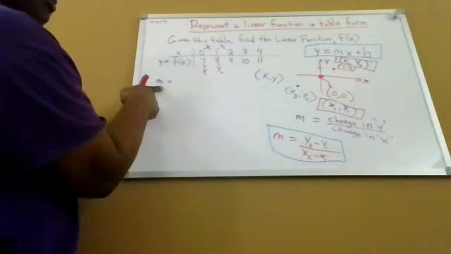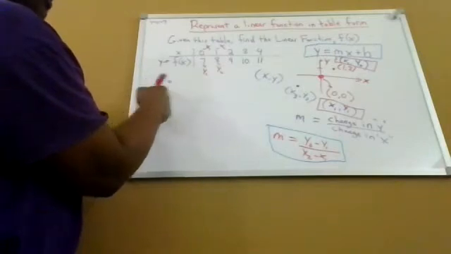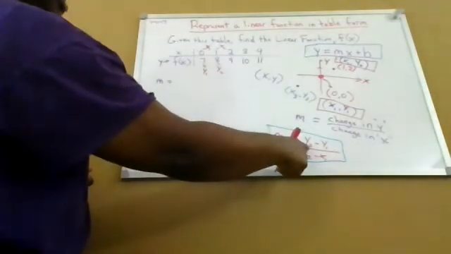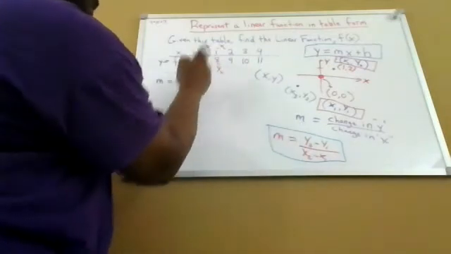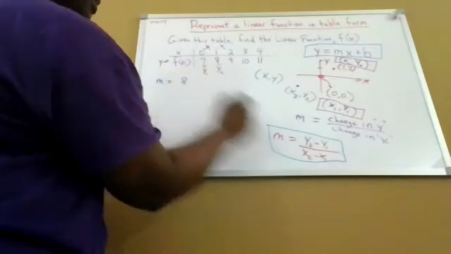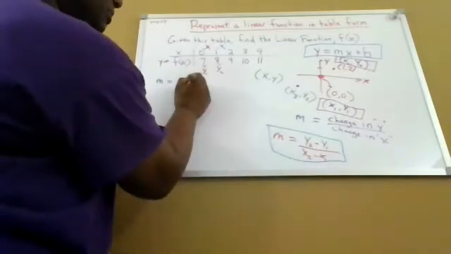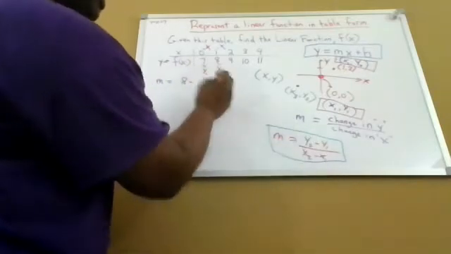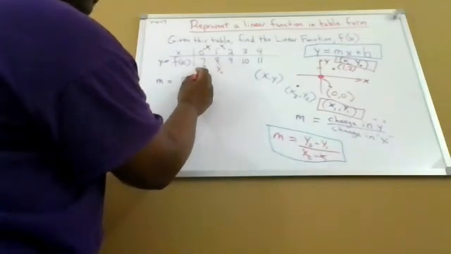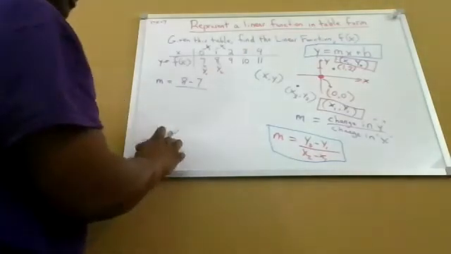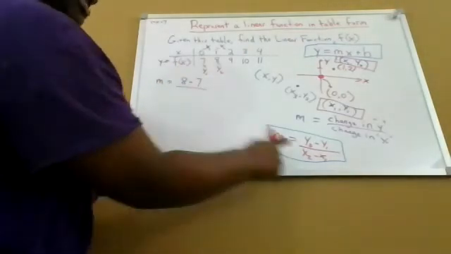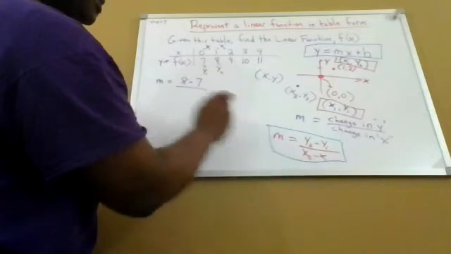So again here, m equals y2. Well, y2 in this case is 8, minus y1, that's 7, for my numerator. Now for my denominator, I need x2.